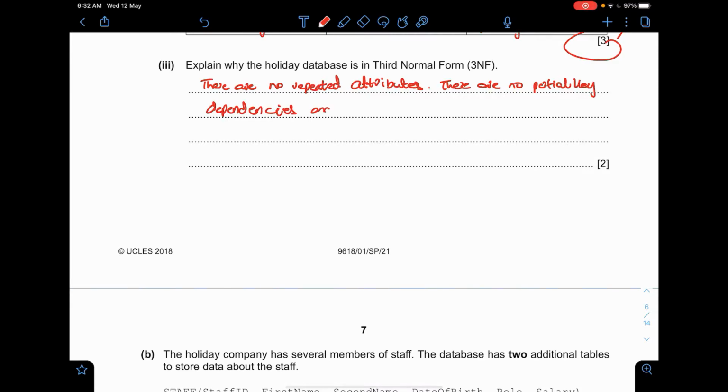And all fields in each table are fully dependent upon their primary key.